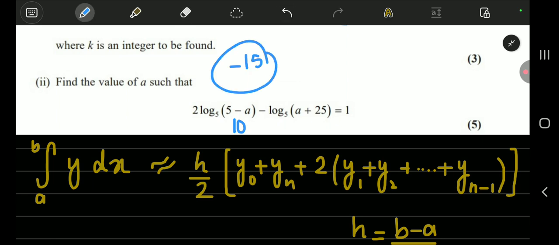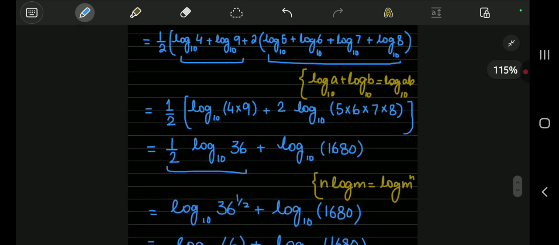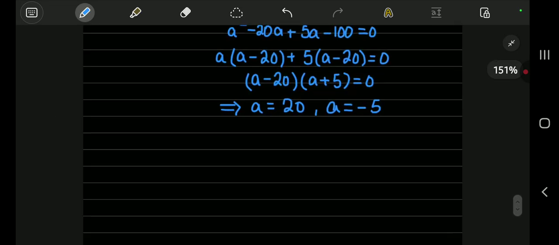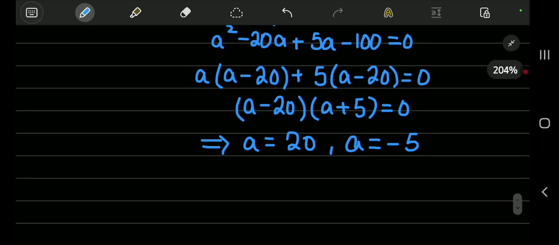Log of a negative cannot be solved, so we take a equal to minus 5, because 20 gives a negative inside the log, and that cannot be solved. So this implies a equals minus 5, and the other one is rejected.